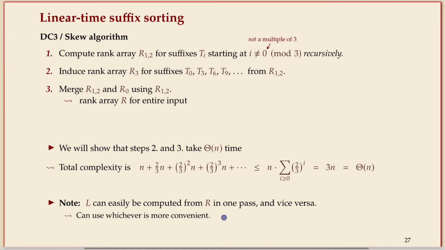But as I claimed on the last slide already, if you have one, you can always compute the other in linear time by just filling the array, iterating over the one and filling the other, jumping around. So in the formulation of the algorithm, I'll allow myself to use L and R whenever it's convenient. And you can always, at the beginning of each step, compute the other one if you need it.